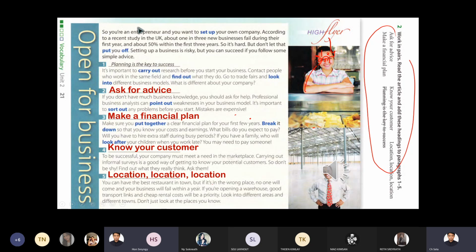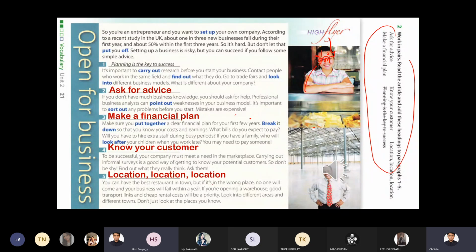So you earn attachment, No, no, in the entrepreneur, entrepreneur. entrepreneur, and you want to set up your own company. According to research study in the UK, about one is three new business fail during their first year, and about 15% within the first 3 years.